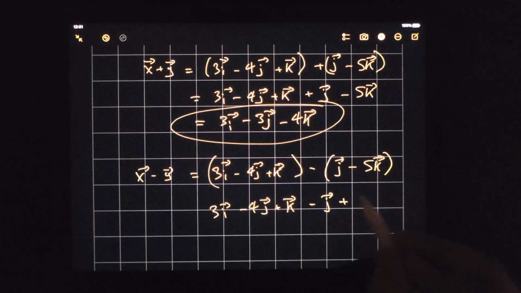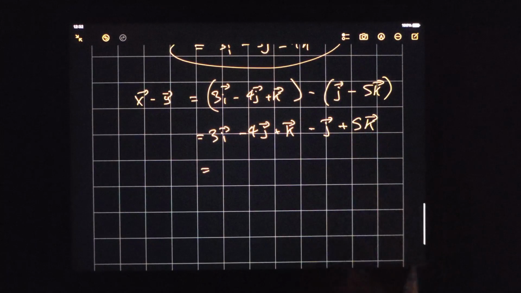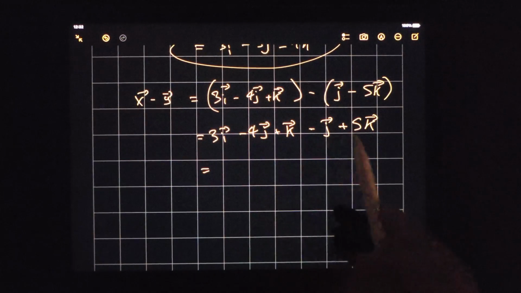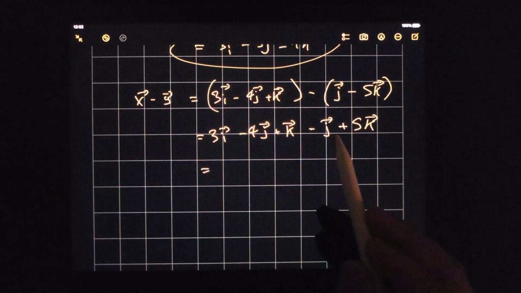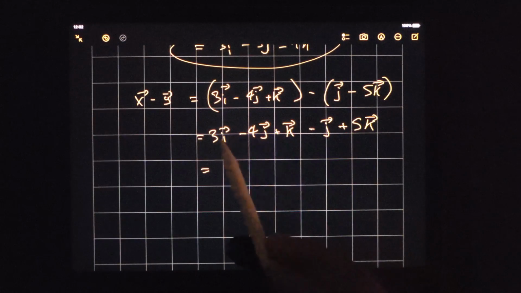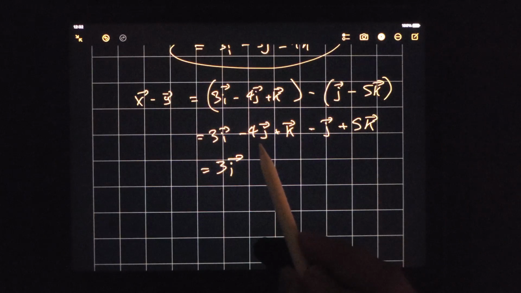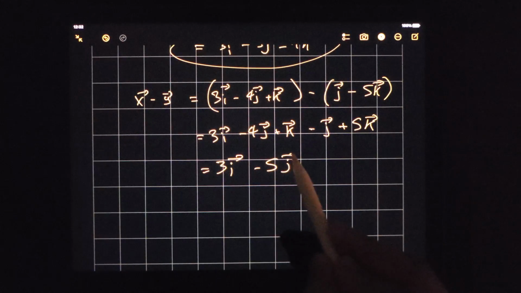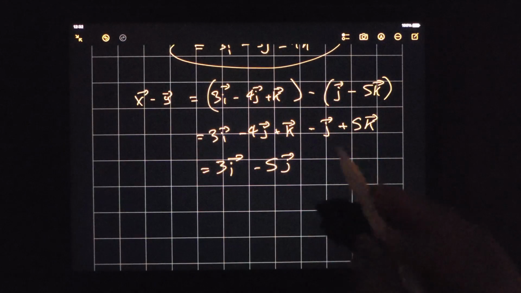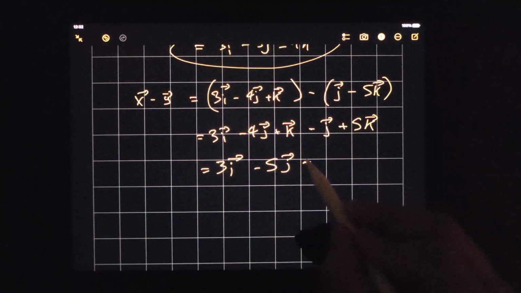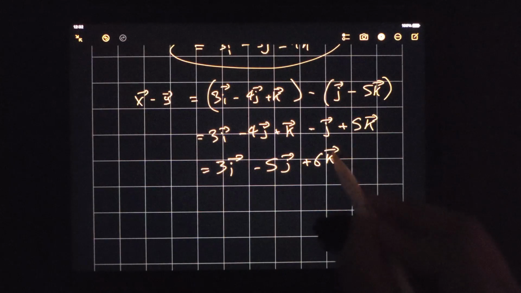The sign flips for that one. And now you're left with, let's see, 3i stays. We have negative 4j and a negative j, so that becomes negative 5, and then we have k and 5k. That becomes 6k.